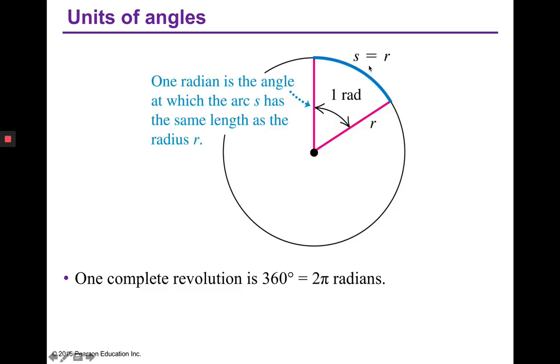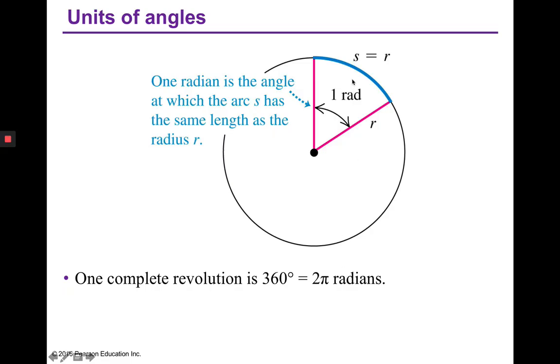Remember, arc length is S equals R theta, where theta is your angle in radians. Well, a radian is defined as that special angle so that the radius here will equal the length of this arc here. And it's pretty easy to show, because the circumference of a circle is 2 pi r, the number of radians in a circle must be 2 pi.